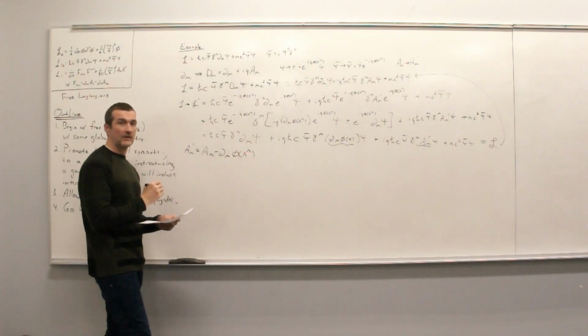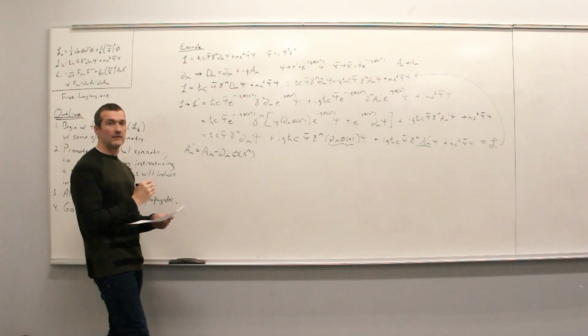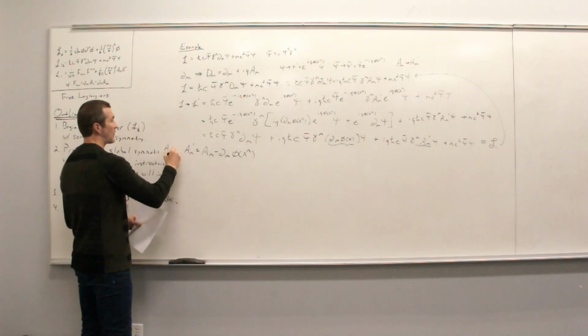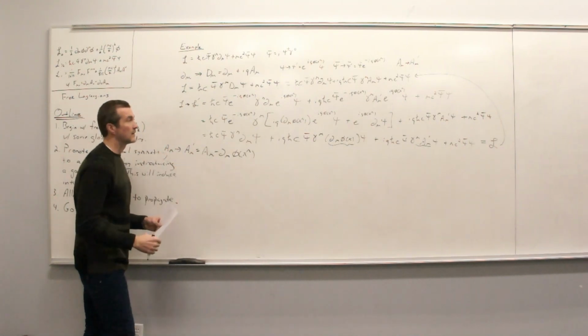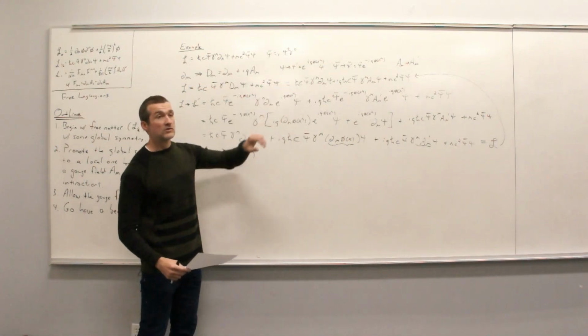Does that look right? Everybody agree? So if a mu transforms like this, then this Lagrangian is invariant under this local transformation.